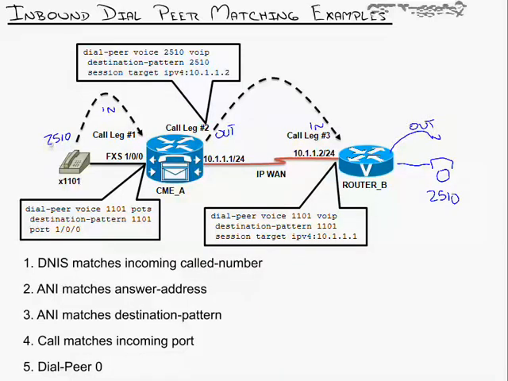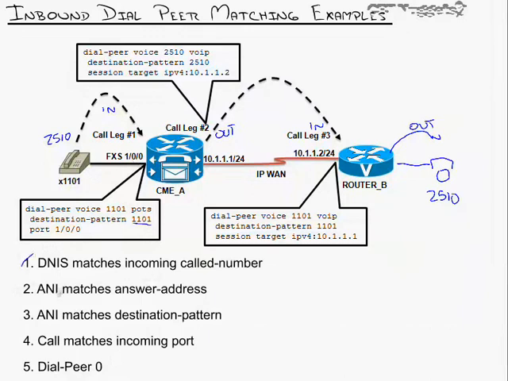The phone picks up, here's dial tone, dials the number, 2510. The first thing the router does is say, okay, 2510 just came in. Does this match some incoming called number? Well, looking here, we've got dial peer 1101 POTS, which gives the phone its phone number, 1101, out port 1/0/0. So it comes in and says, nope, I don't see any incoming called number there.